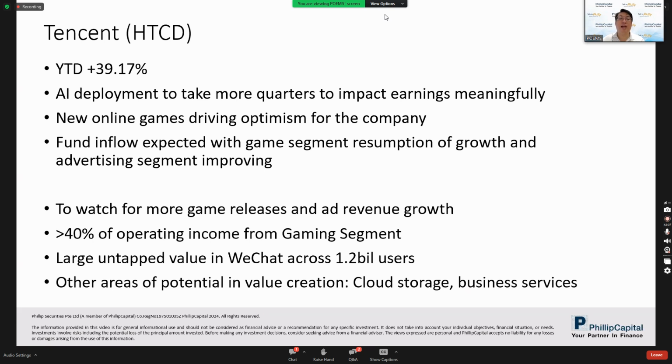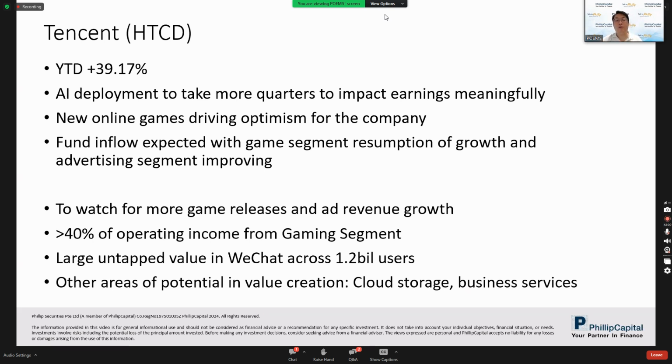However, they have a very large untapped value through their network products, like WeChat, which has 1.2 billion users. That is what we are saying in terms of how they can utilize AI to monetize some of the value within WeChat and also in other areas of potential value creation for their Tencent network of industry.